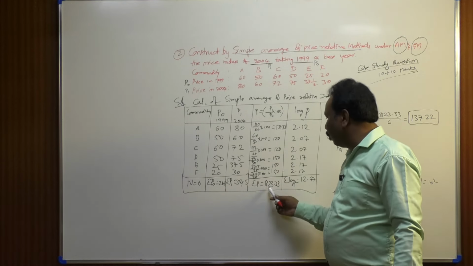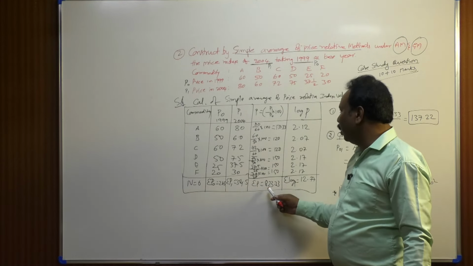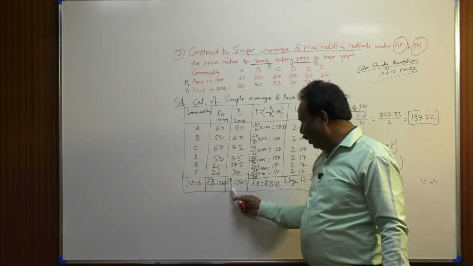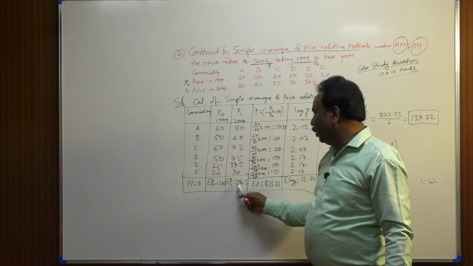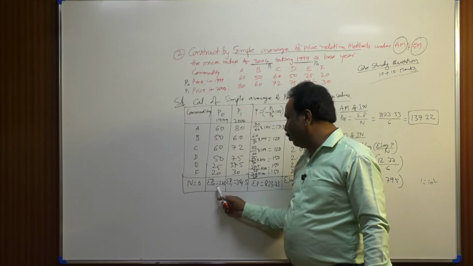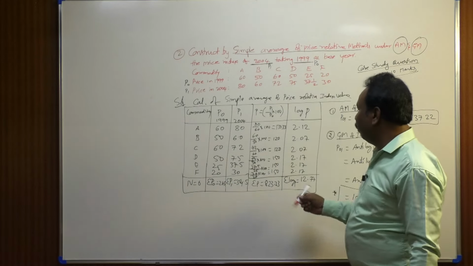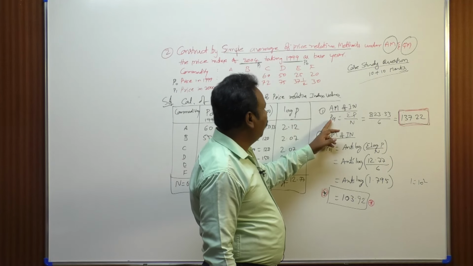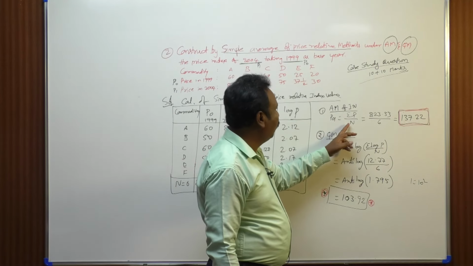So, I have to take the total, the summation of P value, that is 823.33. The summation of P1 is 354.5 and the summation of P0 is 265. Based on that it can be calculated. Now, the arithmetic mean of index P01 equals sigma P divided by n.